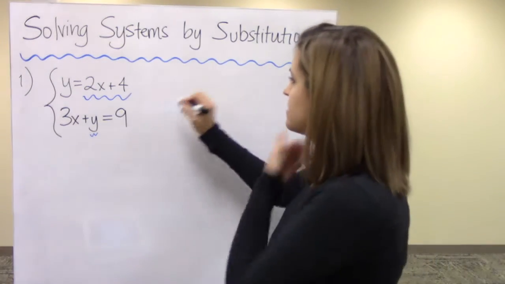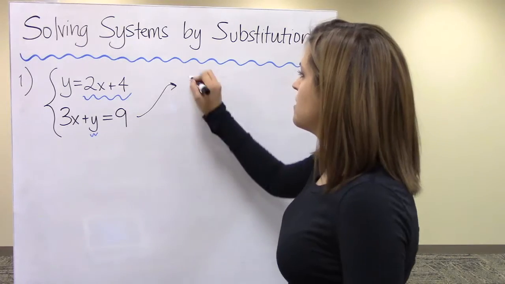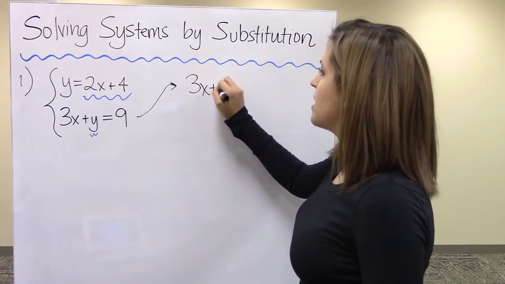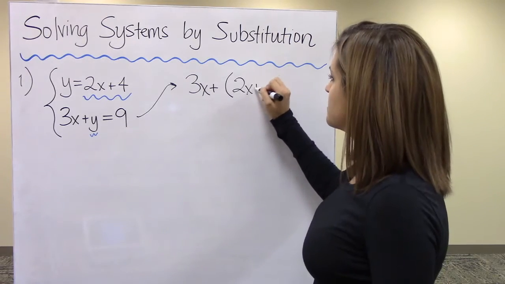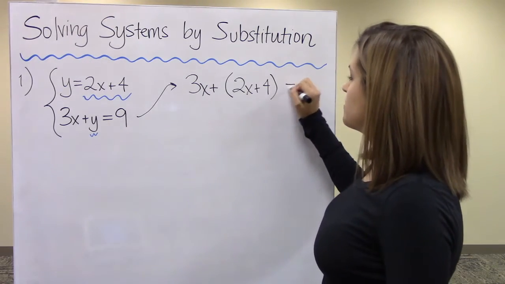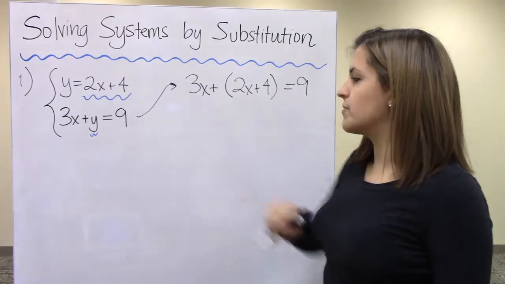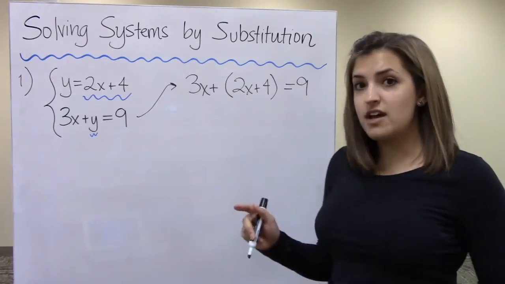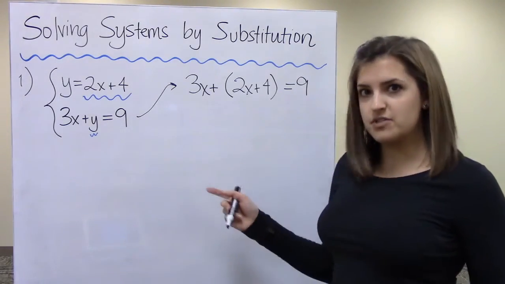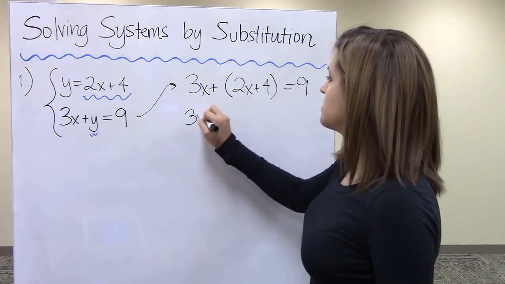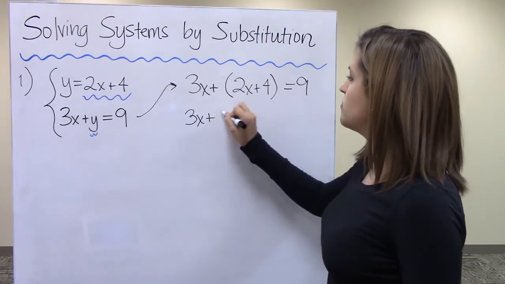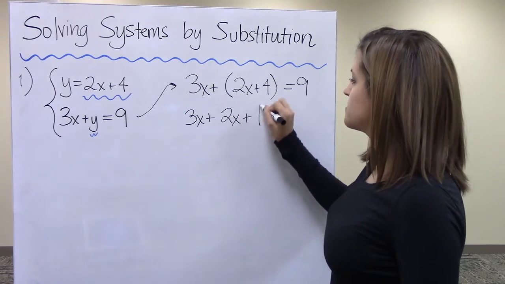So we're going to bring this one over here. We're going to get 3x plus, and then I'm going to substitute in 2x plus 4 equals 9 from the rest of this equation. Then I have only x's, so that's great. I can solve for x. So I'm going to, let's see, 3x plus 2x. I can take my parentheses away.